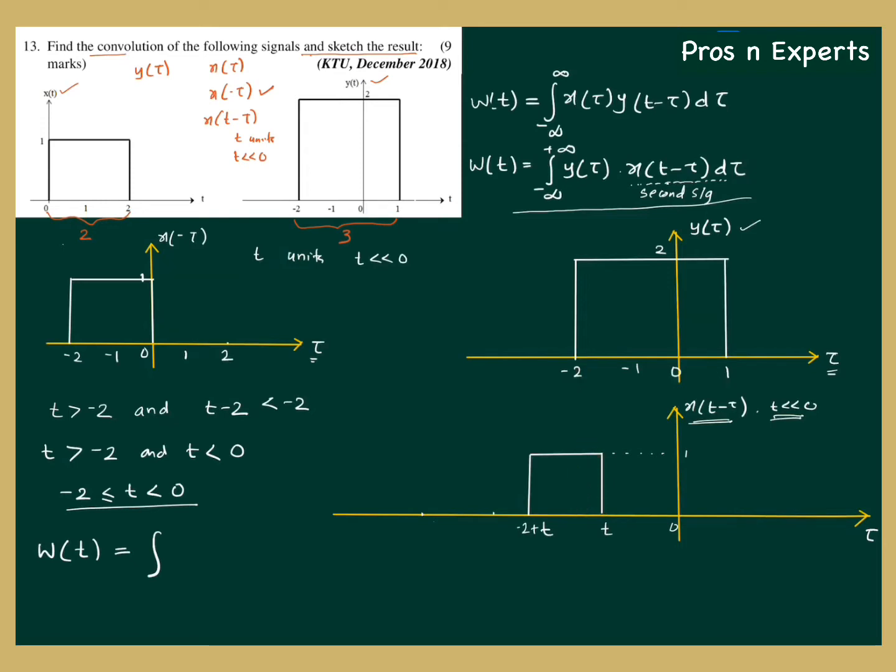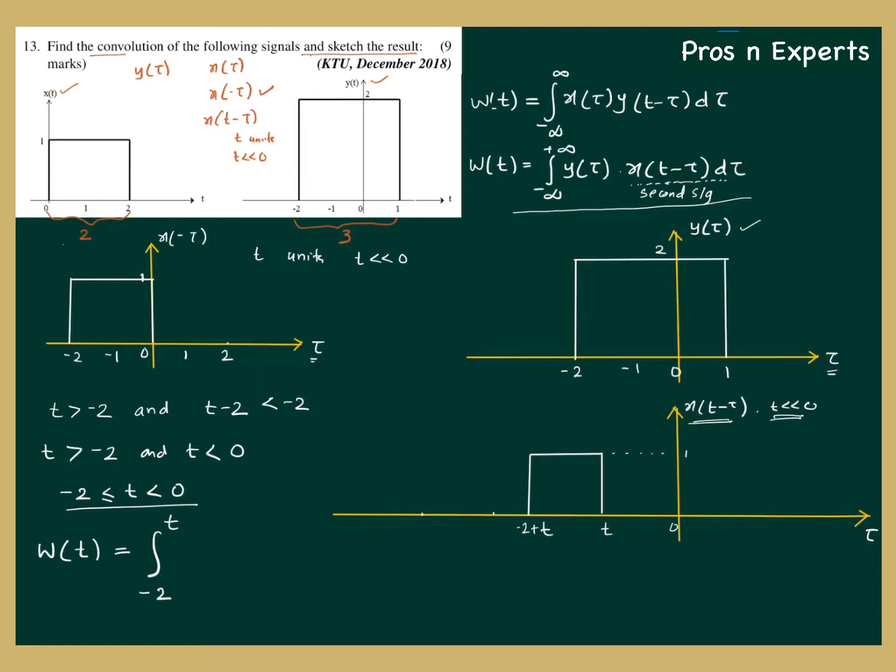So what is that region? It is tau from -2 to t. Before -2, the signal is 0, so the product is 0, and after t, this signal is 0, so the product is 0. So only from -2 to t is the product non-zero.